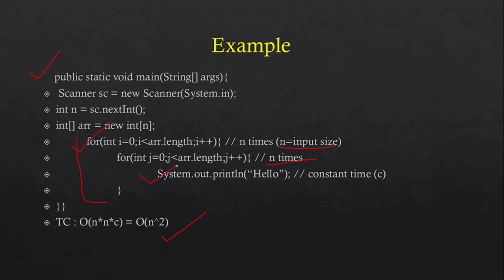I have already discussed these things. So now n square into c. c is for what? c is for this hello statement. We get this c, and we just ignore this c. So now our final time complexity is order of n square. I think it's clear.